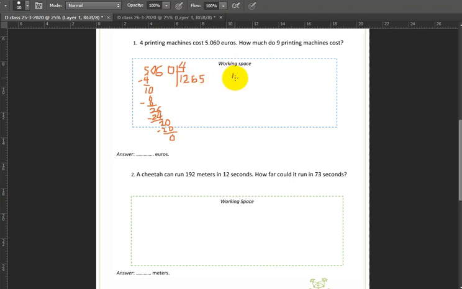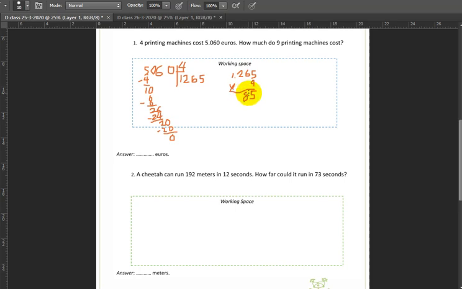So now let's figure out how much 9 machines cost by doing 1,265 times 9. 9 by 5 makes 45, so I write 5, I carry 4 in my mind. 9 by 6 makes 54, and 4 that I carried over makes 58.